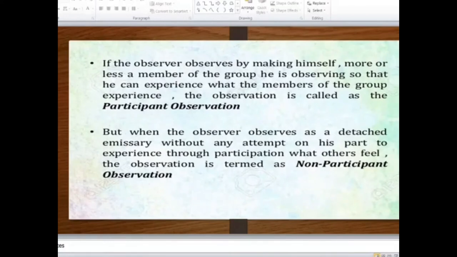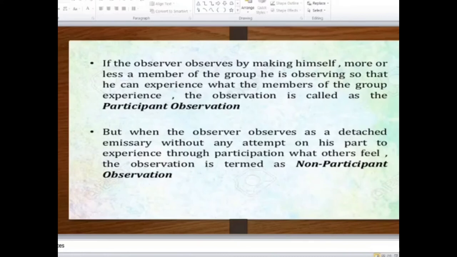And the next one is participant observation. That means the observer observes by making himself more or less a member of the group. He is also a part of that group, so that he can experience what the members of the group experience. That type of observation is known as participant observation.